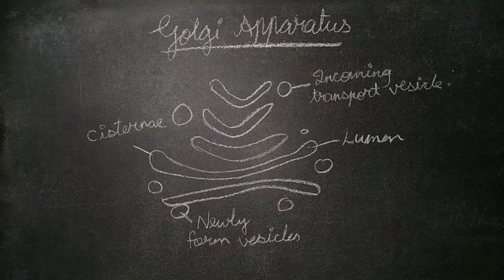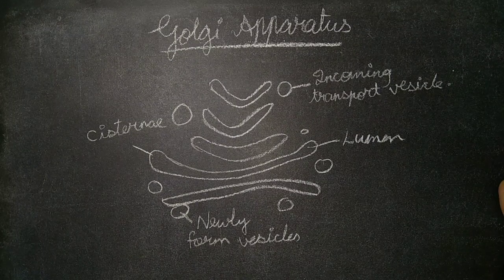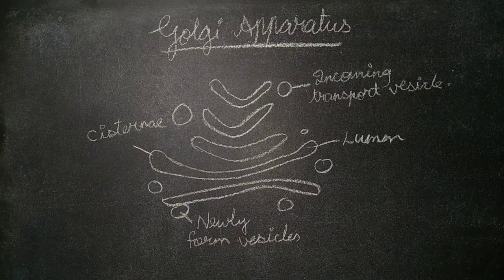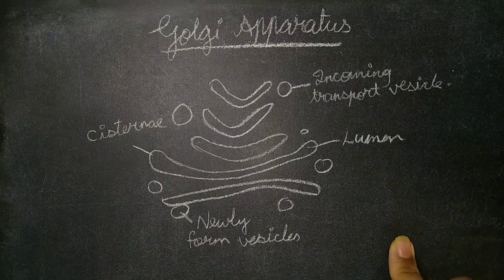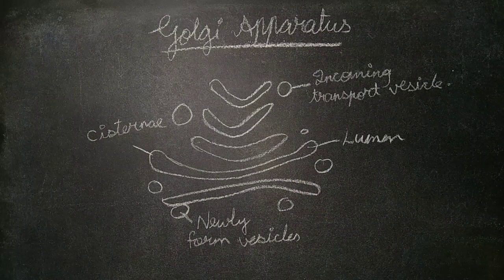This is a simple diagram of the Golgi apparatus, which consists of flattened single-membrane vesicles. Here in this diagram we can see a single-membrane vesicle of flattened type, and some become vacuoles in which secretory products are concentrated.